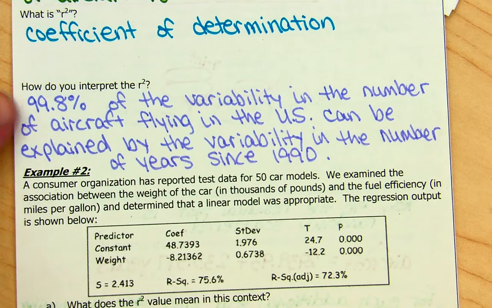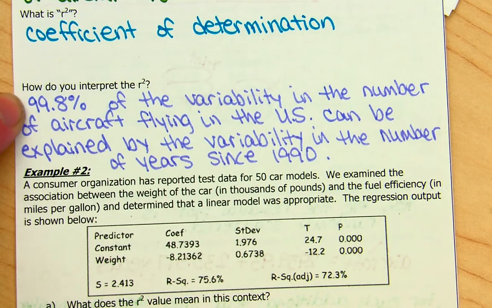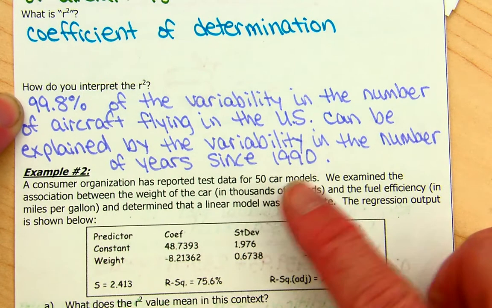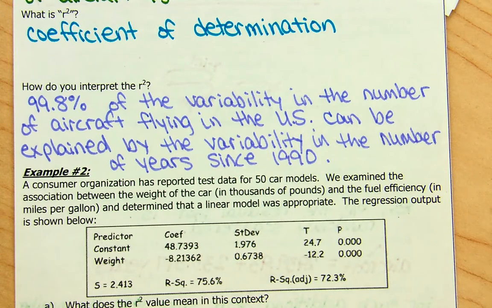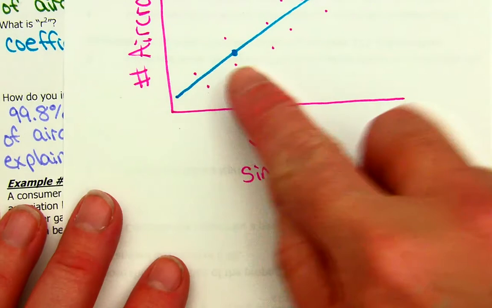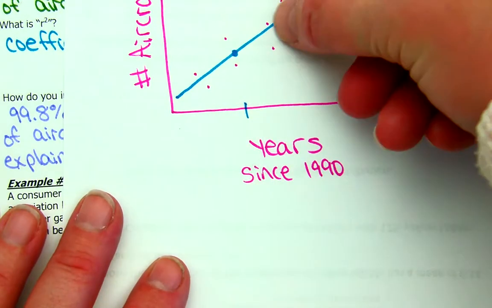So, when we have a value like 99.8%, that's a lot. Most of the variability is explained by the year, but there's some part of it that's not explained by year. Sometimes we'll have the same year and we may have two different values.